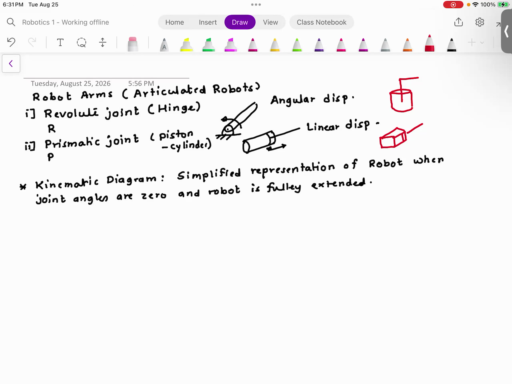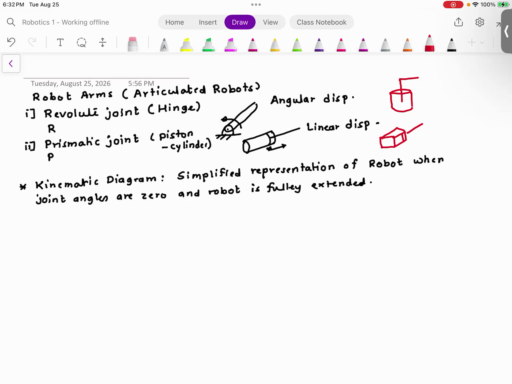You can have a ground reference, you can have a moving reference, you can have a reference that is attached to the end effector. So all these are different coordinate frames. The most important part is to understand how these coordinate frames are related to each other. How do we transform from one coordinate frame to another coordinate frame?